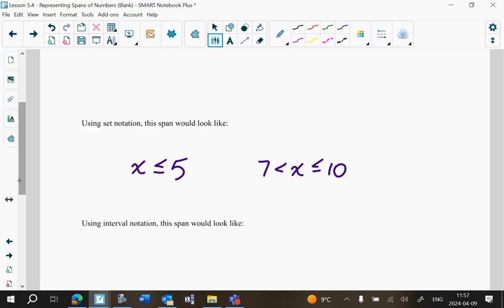It could be and or it could be or. What's the difference? Is it possible to have a number that's less than or equal to 5 and in between here? No. You can't. It's impossible. It can't be in 2 spots. No such number exists. So that's why we use or.